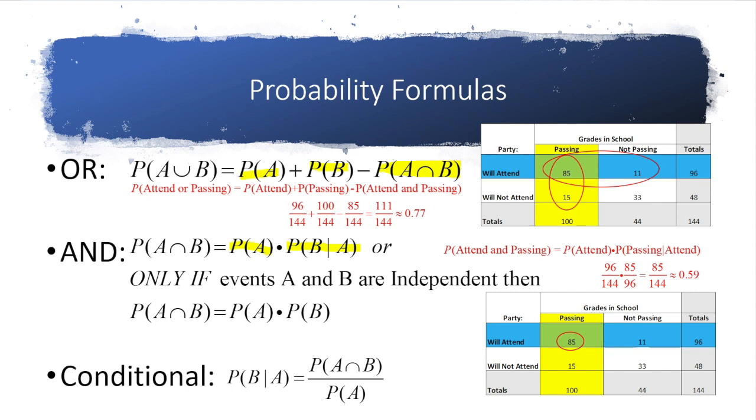So that's our conditional probability that we're working with. And so our overall probability for events A and B, passing and attend, is 85 out of 144, or about 0.59. And then the conditional probability looks confusing, but look, it's just this AND formula rearranged.